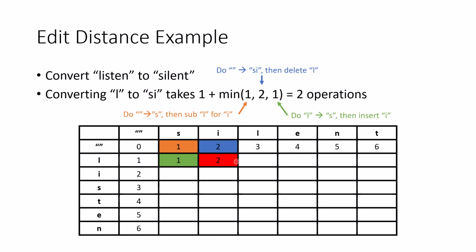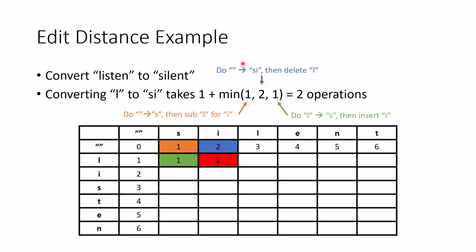And now let's look at the problem going from L to Si. And what's that going to consist of? Well, we're going to consider substituting L for I. Substituting L for I means that we need to go from the first A minus 1 characters, which is nothing, to the first B minus 1 characters, which is now S. So we're going from nothing to S, and then substitute our last character L for I. That's going to consist of one operation.